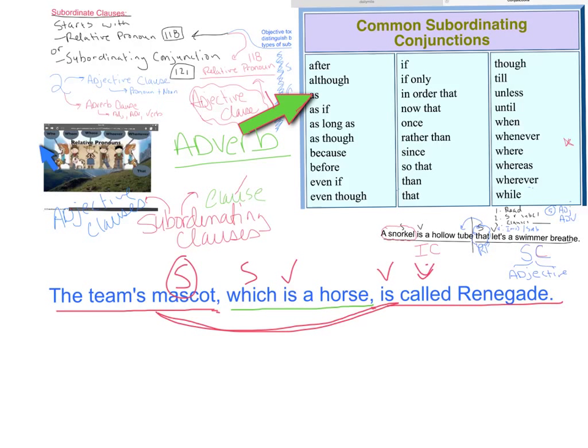So I look at my first word, right? Team's mascot. Not on this one, and it's not on this one. So I know that this big long one here is an independent clause. That whole thing is one big independent clause across. Now this middle part right here, I take a look at the first word, which.